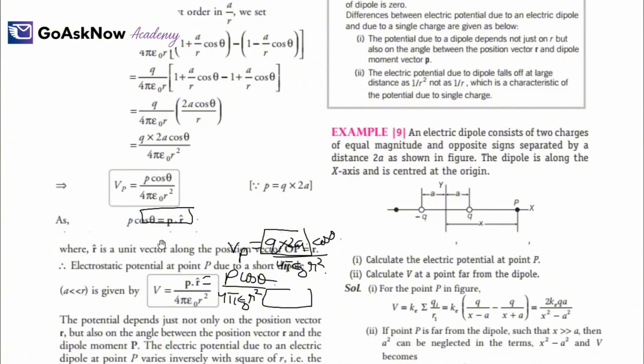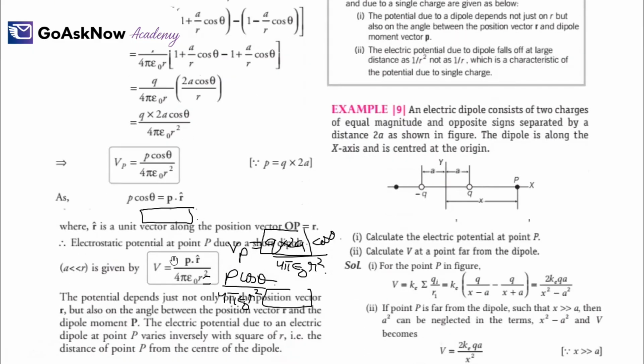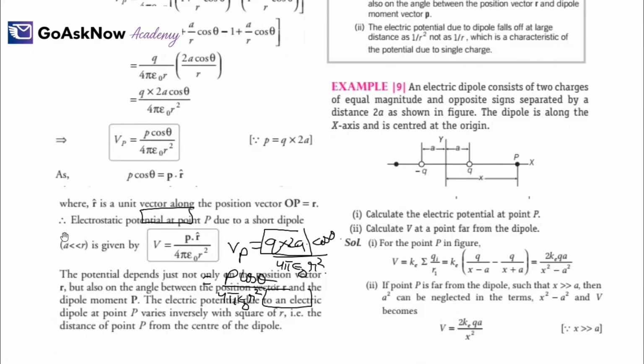With p cos theta, we can write it as p dot r cap, because p cos theta is the dot product of p and r cap. We can write it in vector form, where r cap is a unit vector along the position vector OP. So this is the direction vector; we have added the direction vector here.